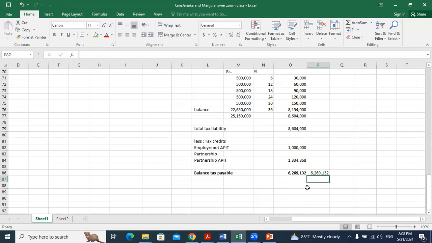Yes, getting the same figure. Any issue? Just check the calculations.